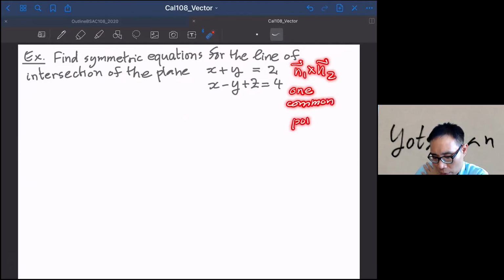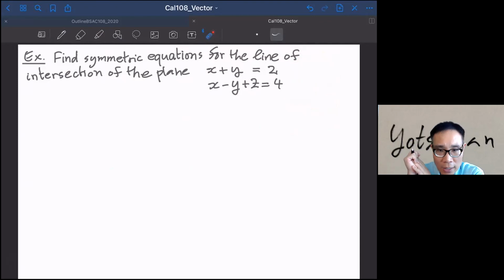So you will need n1 cross n2, and you need one common point in order to find the line of intersection. Okay, so I will give you the solution at the recitation. Okay, so that's it for this clip.